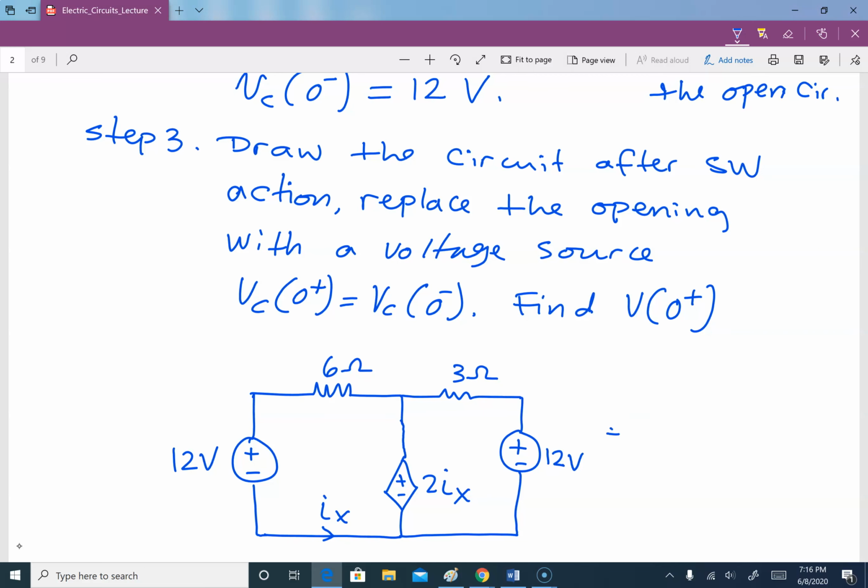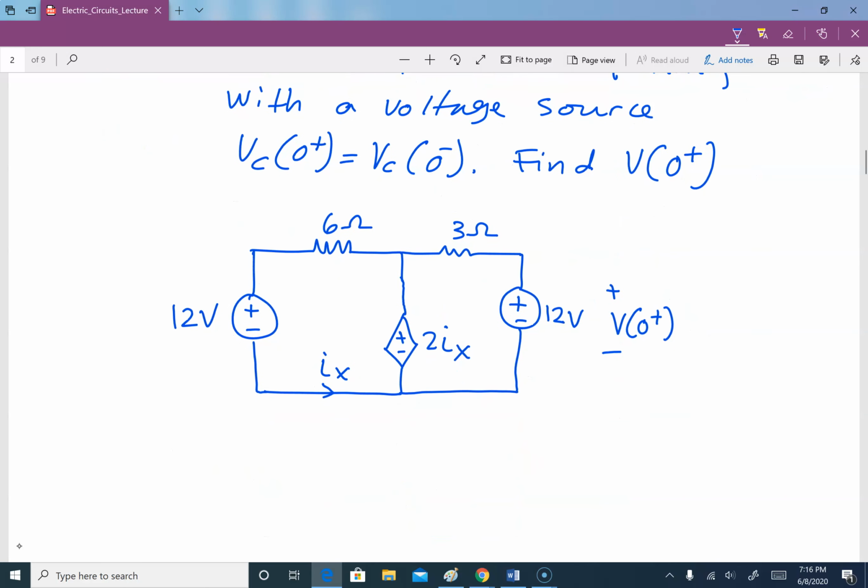So this is what we need. We need V of 0 plus. So in this case, V of 0 plus is equal to 12 volts.